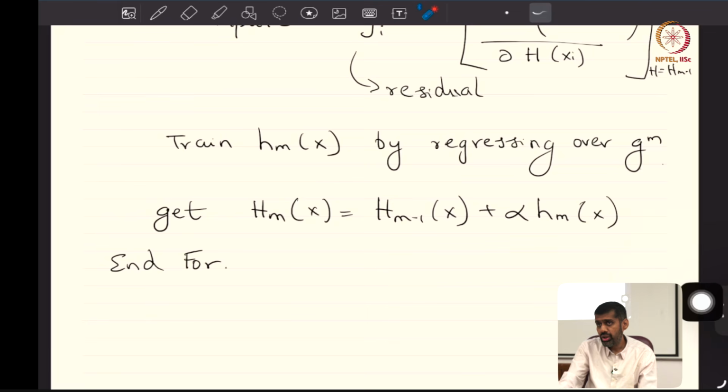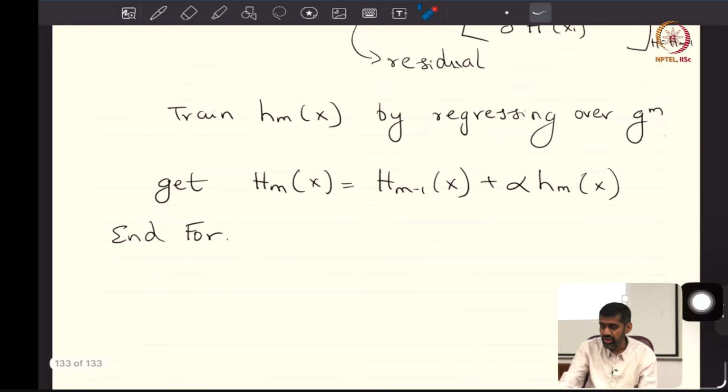Now, going one step forward, here there is no regularization over the individual hypothesis on the parameter space.